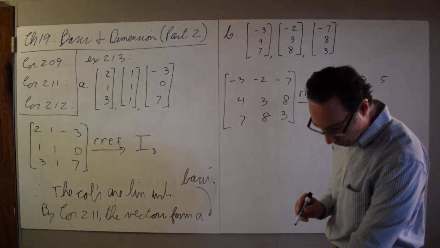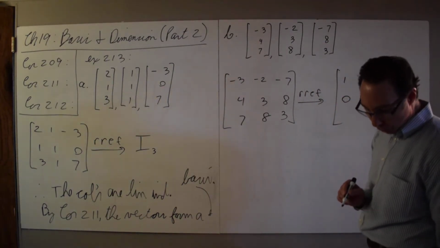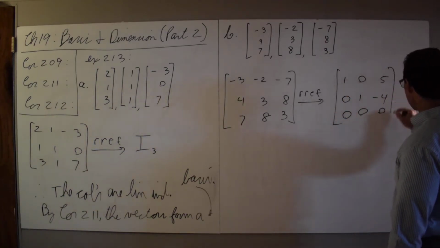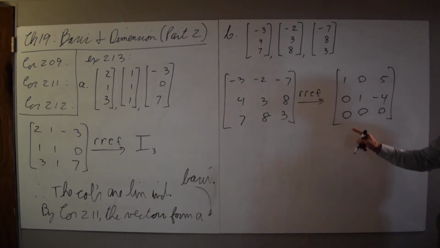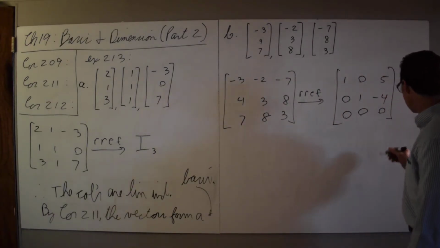First row is 1, 0, 5, the second row is 1, 0, -4, and the third row is 0, 0, 0. We have 2, not 3, pivots. Since we have fewer than 3 pivots, our columns are linearly dependent.